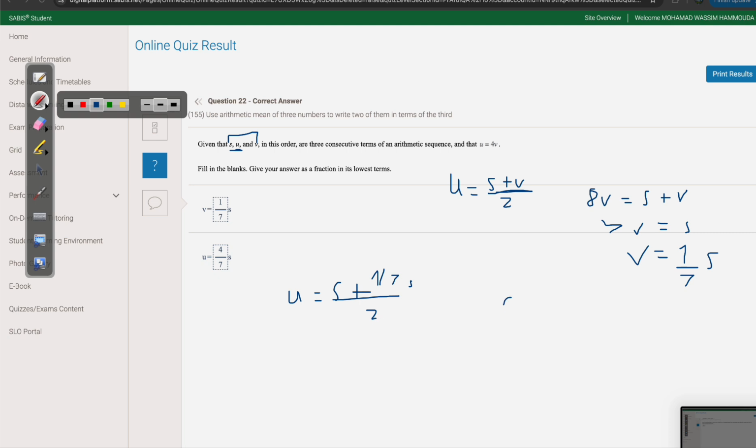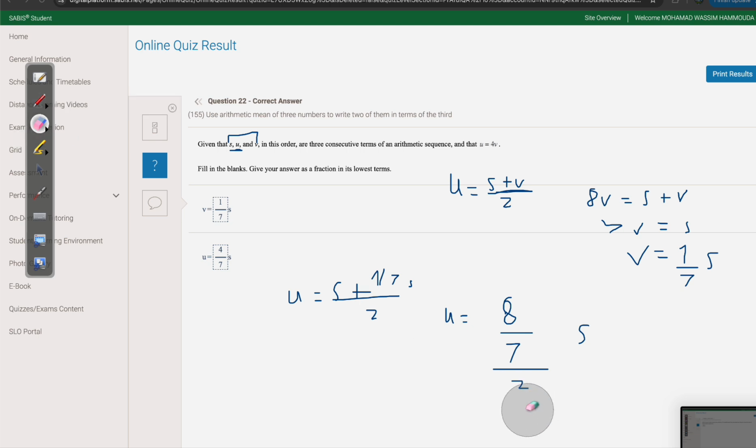That's 8 over 7 S over 2. Since 2 is in the denominator, you're going to multiply 8 over 7 by 1 over 2. So we're dividing 8 over 7 by 2, which is just 4 over 7. Yes, simply, that's all you need to do.